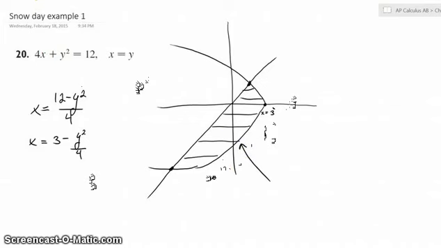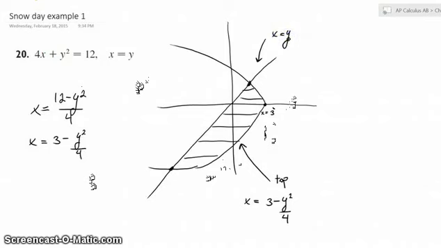So the top function here is going to be x equals 3 minus y squared over 4. And the bottom function here is going to be x equals y. Okay, so now we need to find the points of intersection.